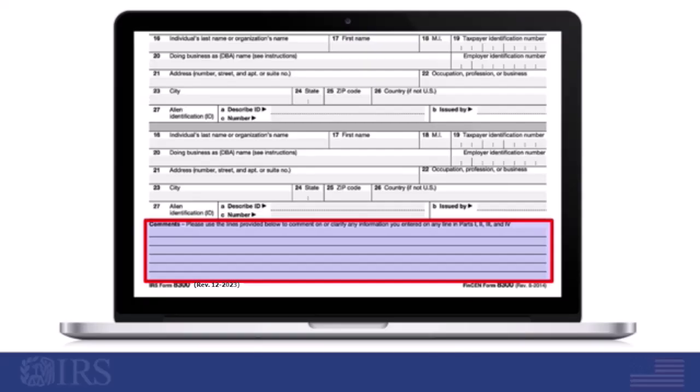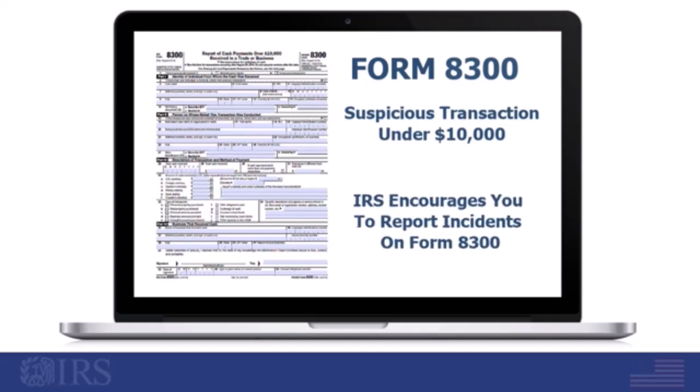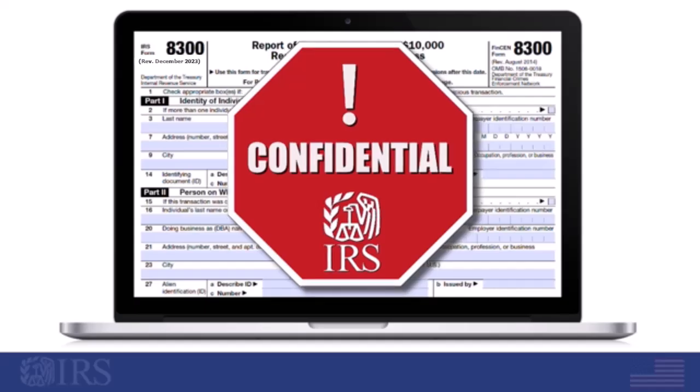section of the form. While you are not required to file Form 8300 for transactions under the $10,000 threshold, the IRS highly encourages you to report transactions you believe to be suspicious on a Form 8300. Keep in mind, forms marked suspicious are handled confidentially.